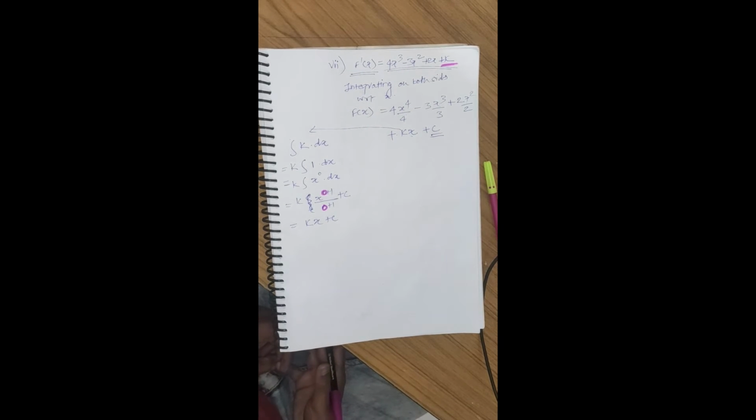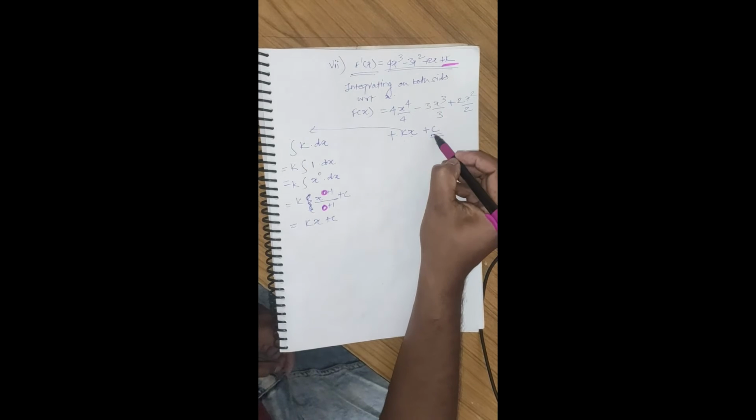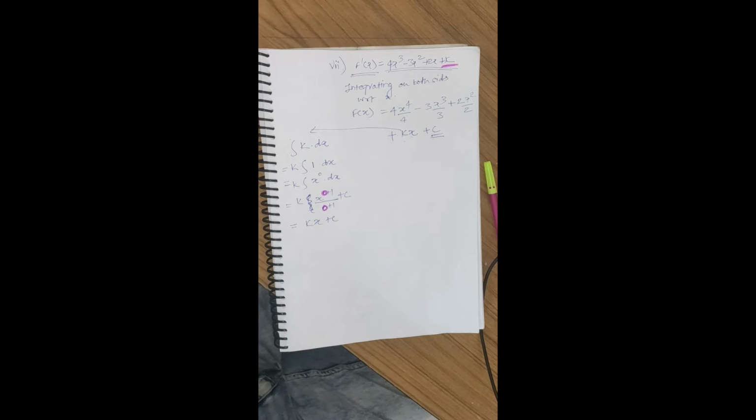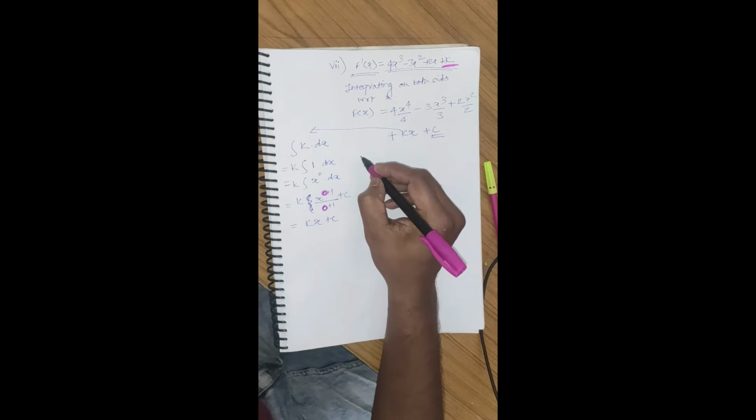Now there are two unknowns. We have to find their values, and that is why they have given definite values of the given function, that is f of 0 and f of 1. So we'll use them one by one to get both the unknowns. I'll use f of 0 first.